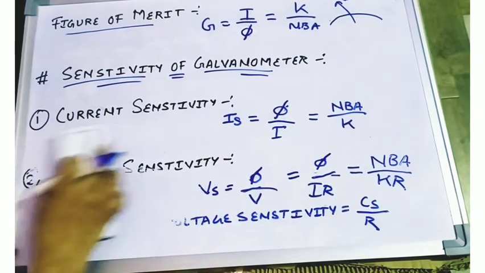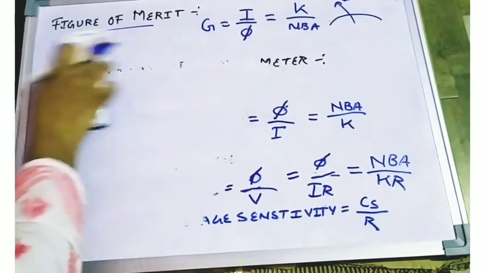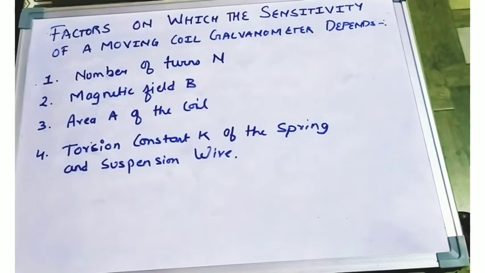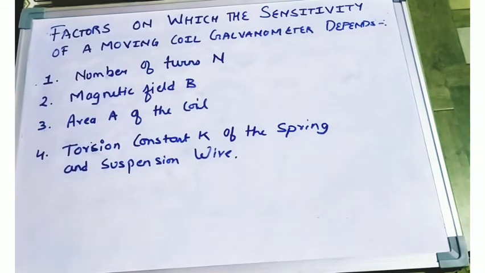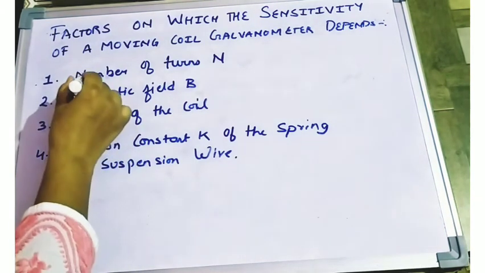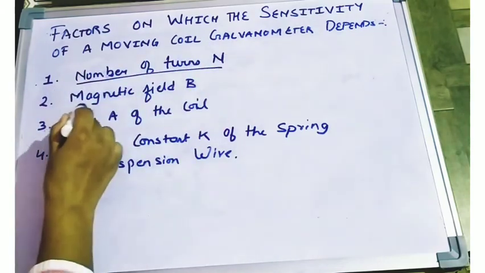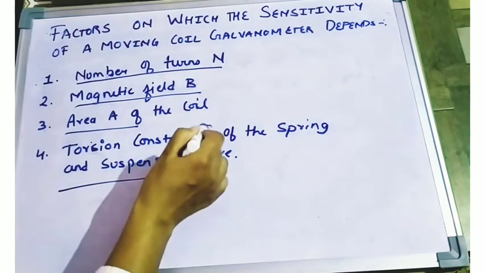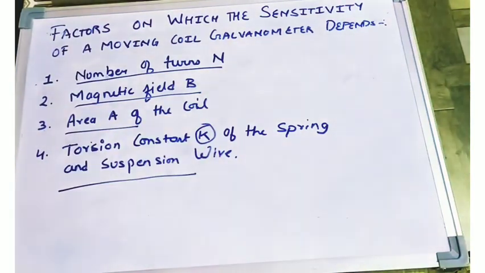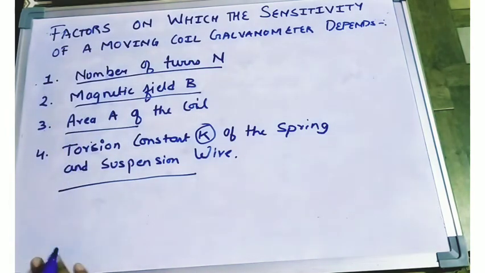These factors are very important, so keep them in mind when you study this. Now we are going to talk about one more important parameter, the factors on which the sensitivity of the moving coil galvanometer depends. It depends on the number of turns, the magnetic field, the area of the coil, and the torsion constant K. Now the question is how it depends.